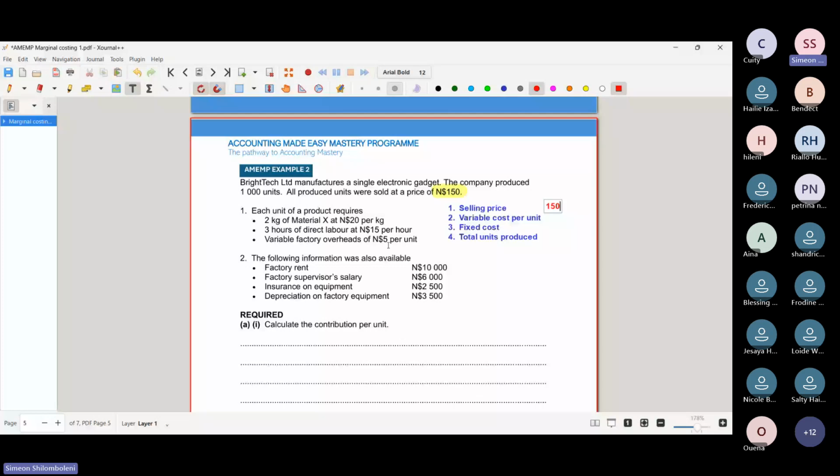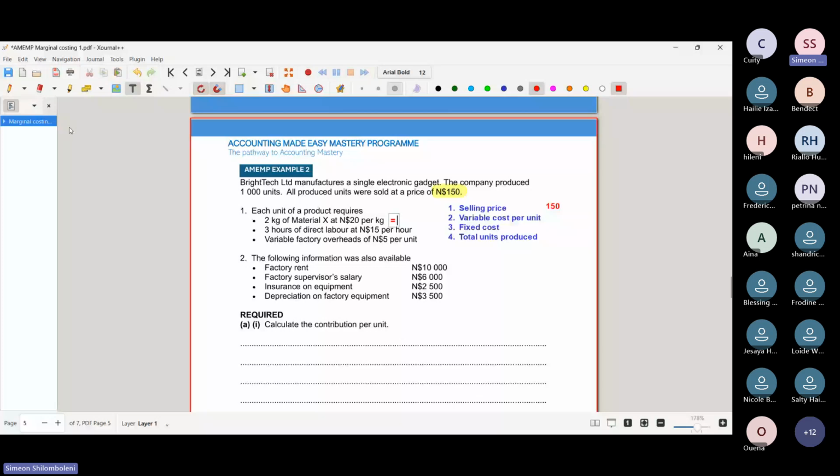Since it has not given us the variable cost in this case, we are now going to start with our calculation. How are we going to do it? We multiply. One product will require $20 for how many kgs? 2 kgs. So this is going to cost us, because remember, let me just quickly recap you on the manufacturing account.